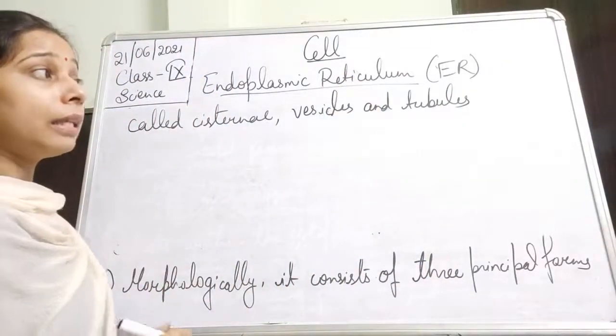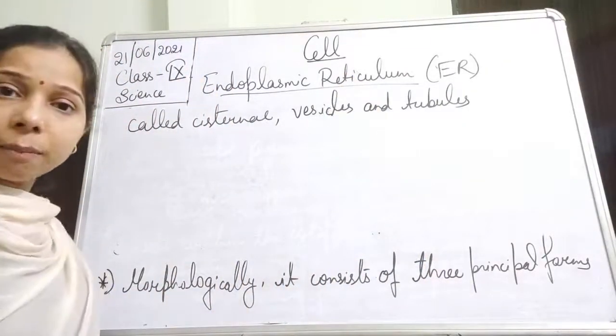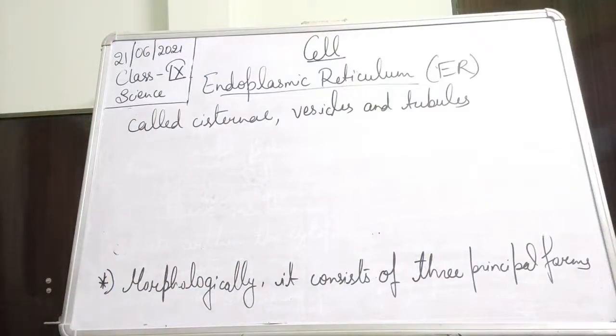These are the three different parts of the endoplasmic reticulum.